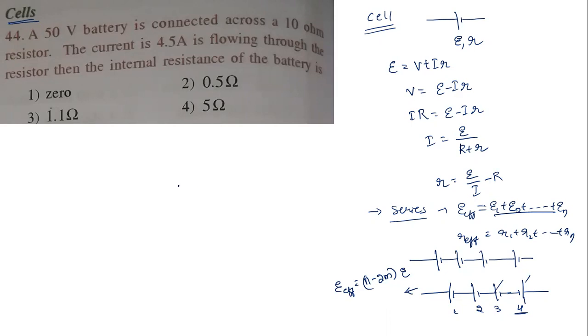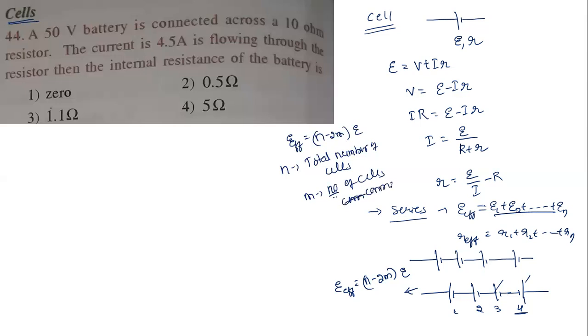Here, E effective equals (N minus 2M) times E, where N stands for total number of cells, and M stands for number of cells connected wrongly, meaning the wrong way. Here, how many are connected wrong? 1. So we use M as 1.